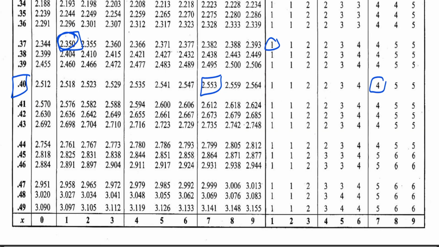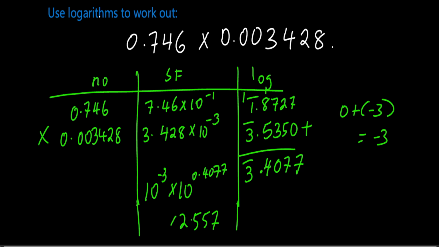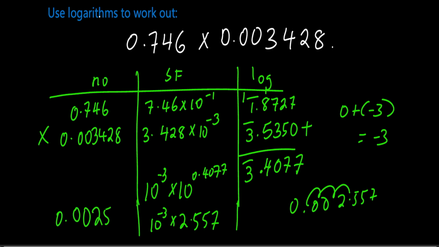Am I correct here? So multiply by 10 to the power of negative 3. Remember, 2.557 moves the decimal point three places back, and therefore it gives you 0.002557. So this is your answer.